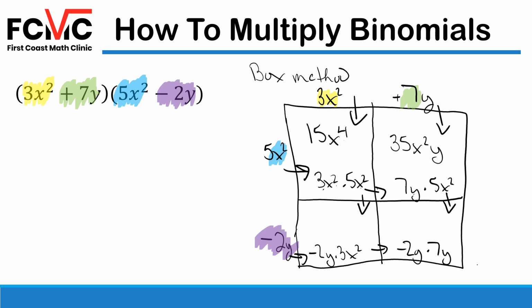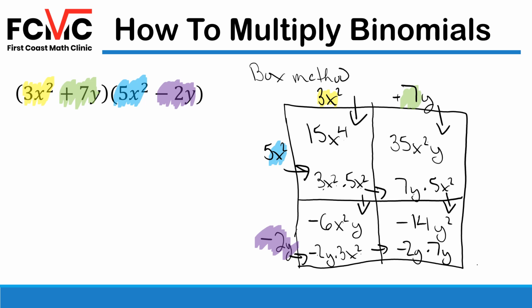So I'm going to list it in descending exponent order. Negative 2y times 3x to the second is going to give us negative 6x to the second y. Negative 2y times 7y is going to give us negative 14y to the second.